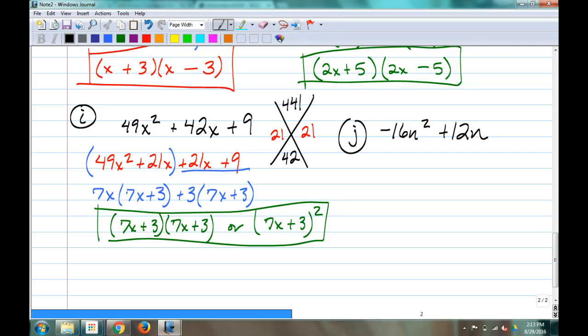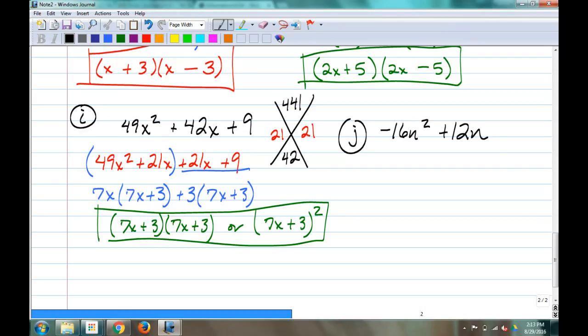Now here's what I want to say. 4 is the right number, but because the one in front of n squared is negative, when you factor that 4 out, factor the negative out with it. That's going to help you when we go to do the solving. So just remember, if there's a negative in the front, factor the negative out with your greatest common factor.